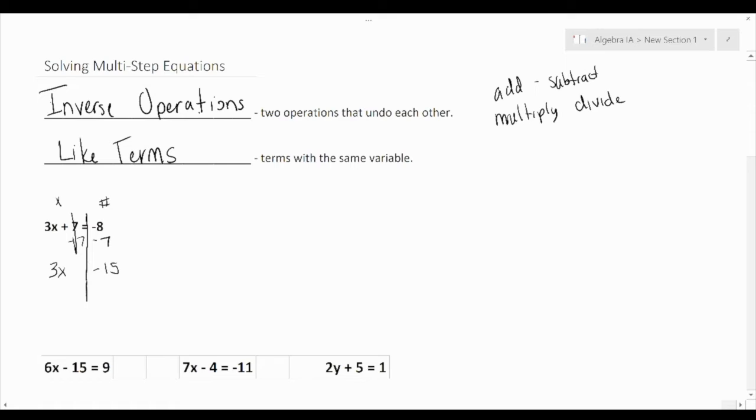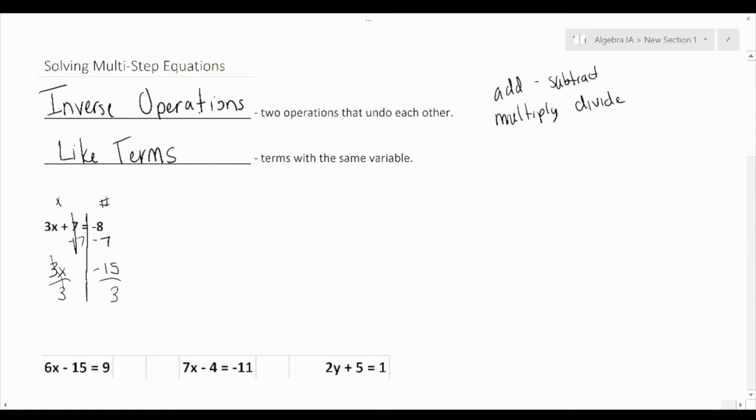Now, we're not done with this problem yet because we have to get the x by itself. We always want a single variable by itself, no numbers in front of it. So we have 3x, which means 3 times x. So the opposite of multiply is divide. So we're going to divide both sides by 3.